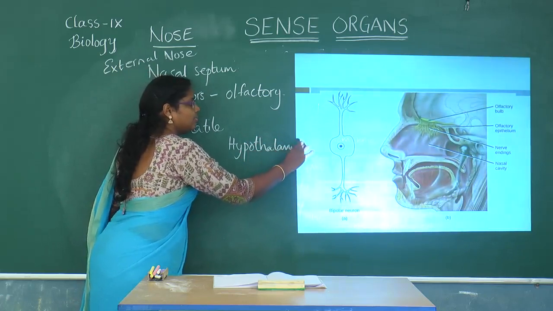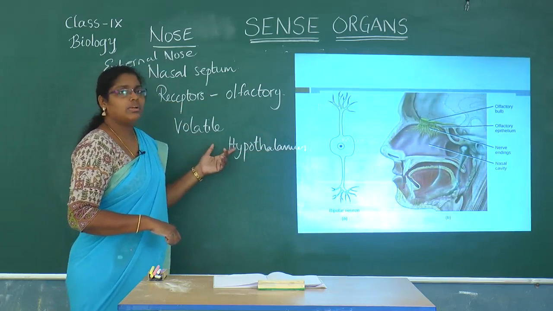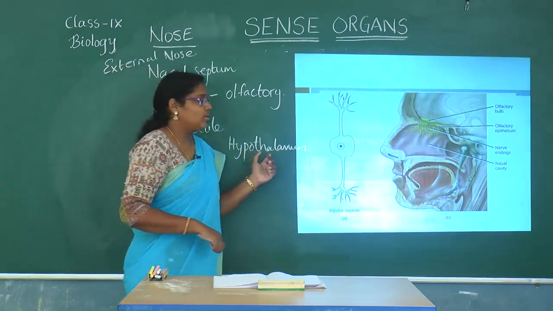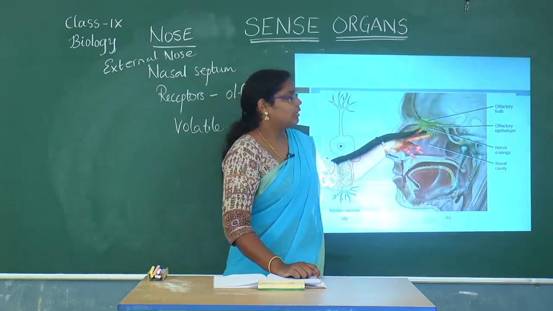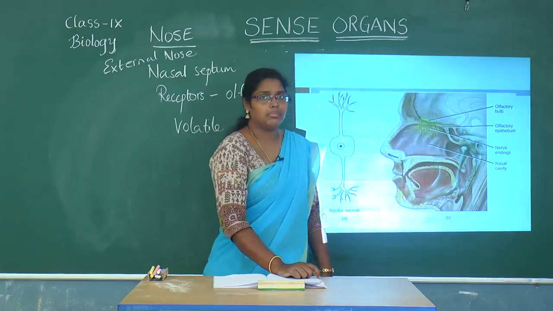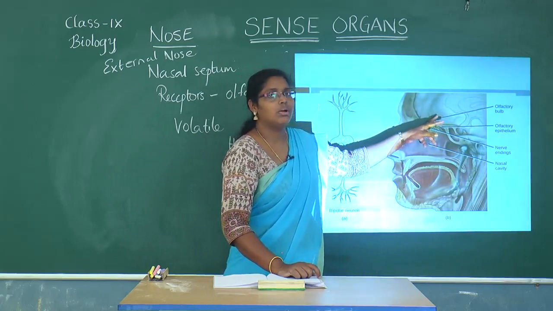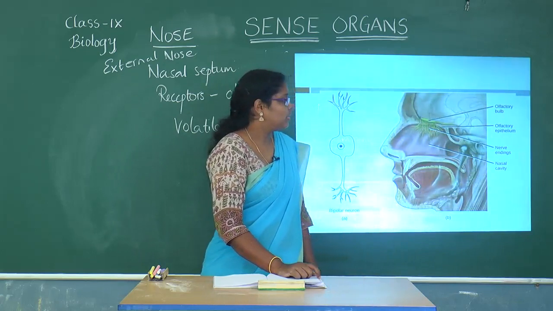The hypothalamus is where the eyes or the ears send their information, whereas only the nose is in contact with the olfactory bulb, which sends the stimuli to the olfactory bulb for analyzing the information.